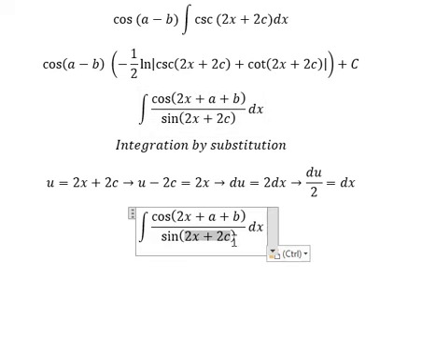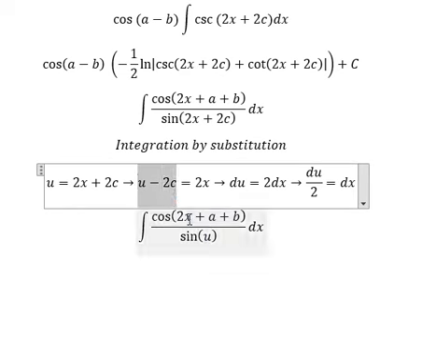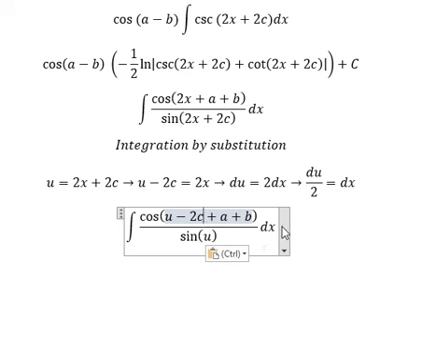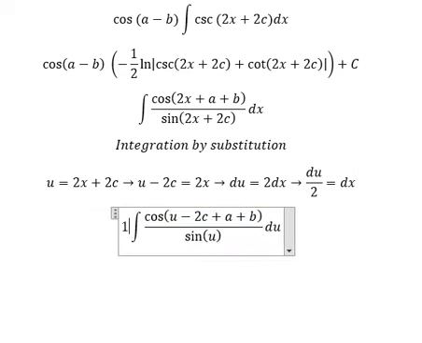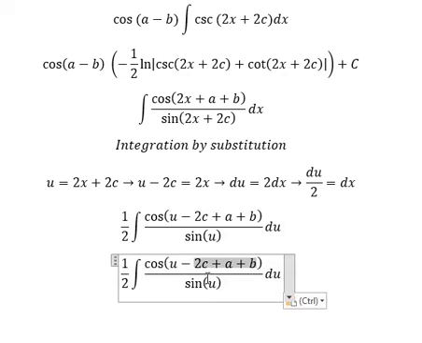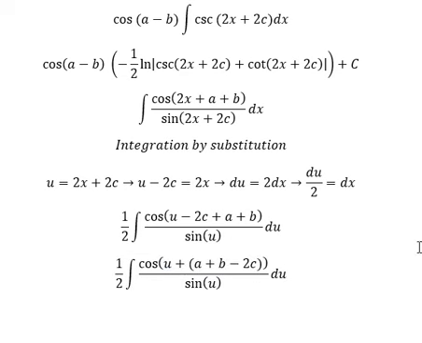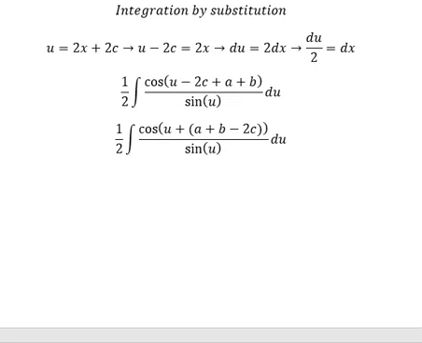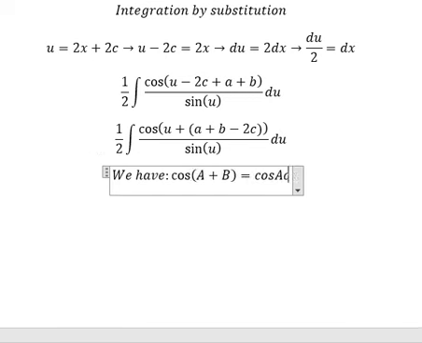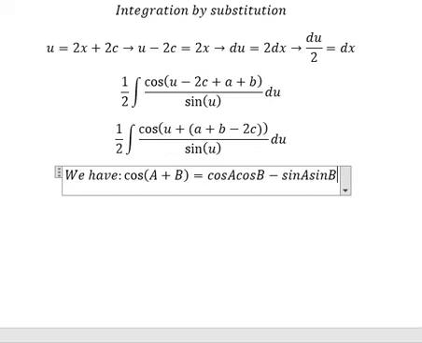So this one we change for u. 2x, that is about this one. Dx we change for this one. So for this one we can put like this. Now we have the formula in here. So a, that is about u.